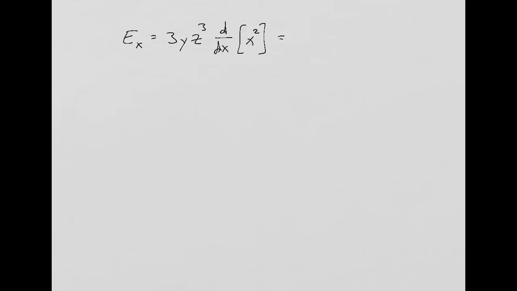And what do we get? 2x. So we have 6x y z cubed for the x component of the electric field. All right. You've just computed your first partial derivative. But again, we're just going to call it a derivative. You'll get to partial derivatives when you take Calc 3.